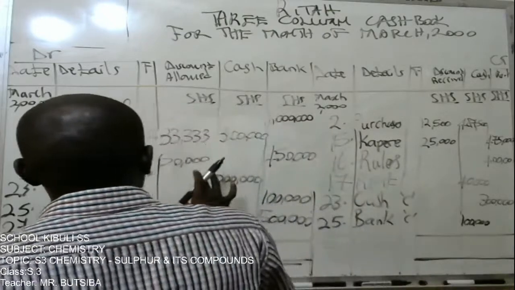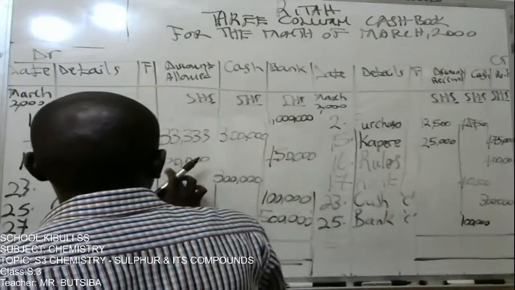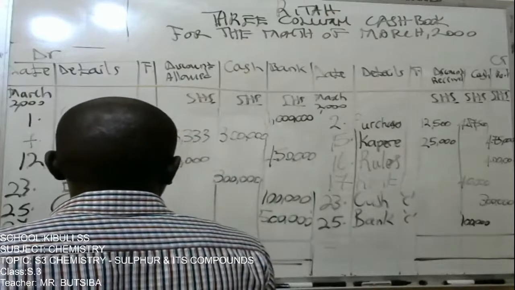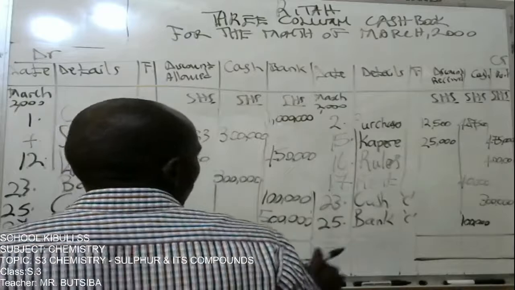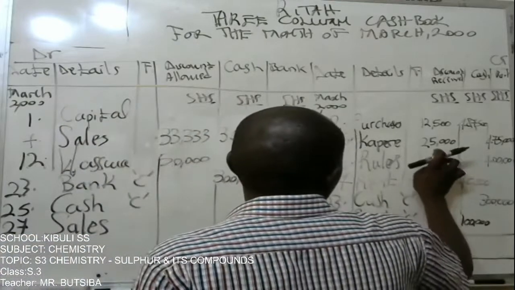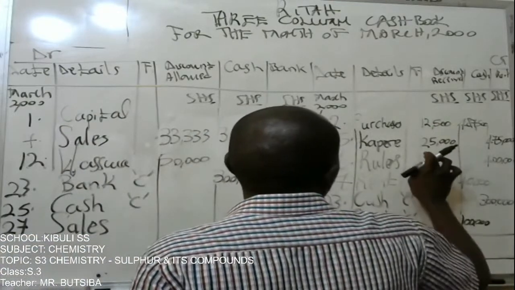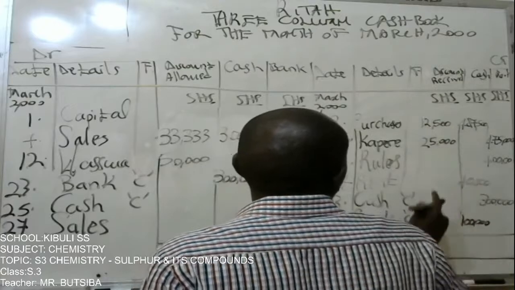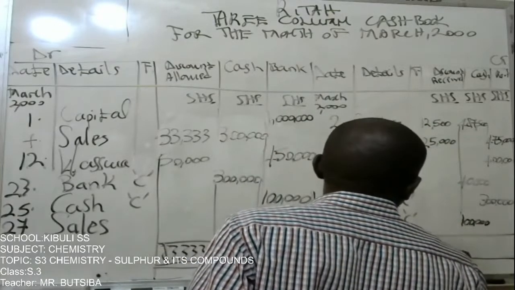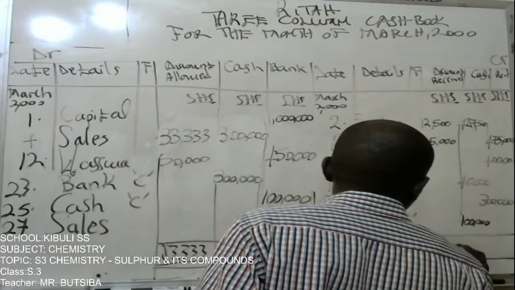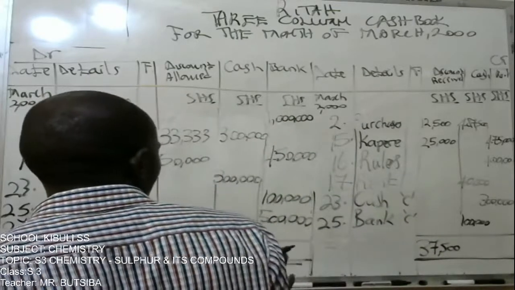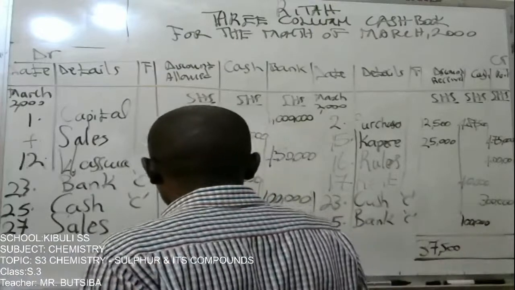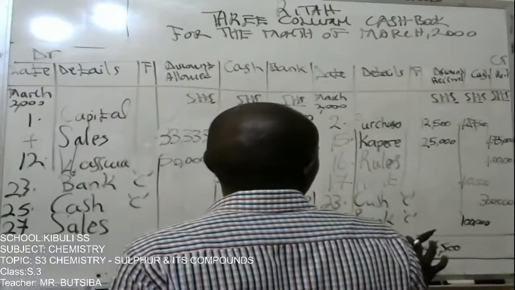Discount allowed: 50 plus 33, that is 83. Discount received: 25 plus 12, that is 37,500. That's how you balance them, by simply getting their respective totals.